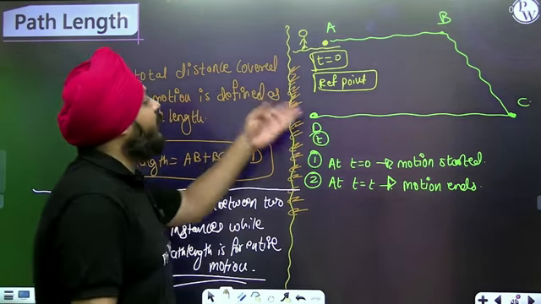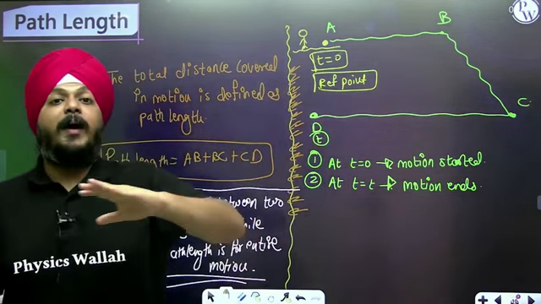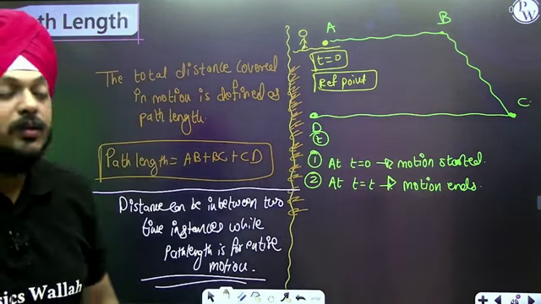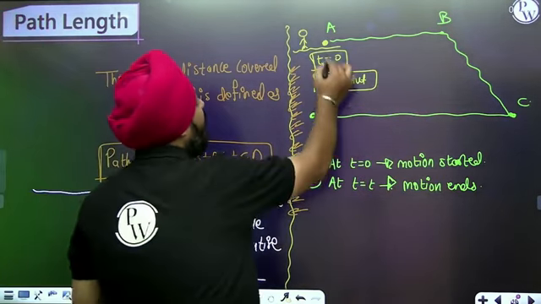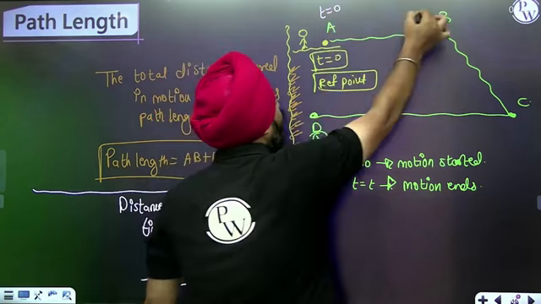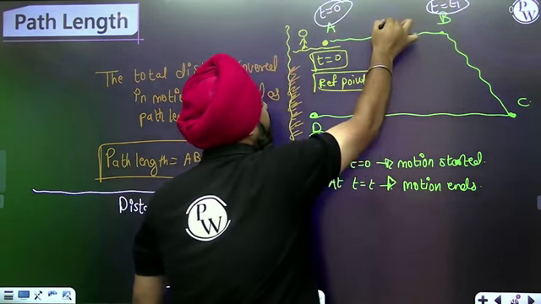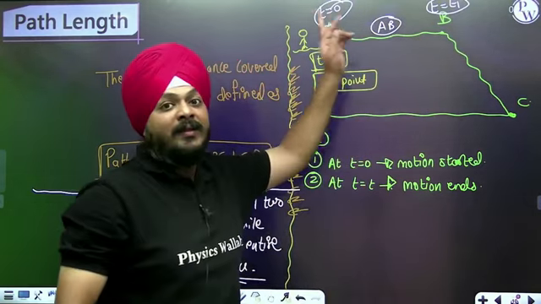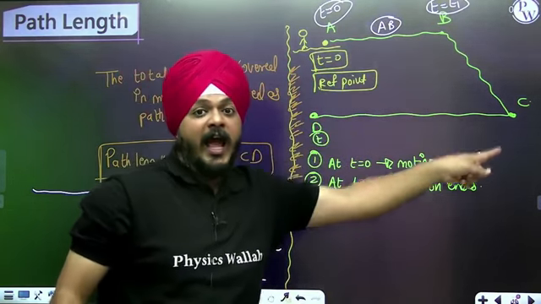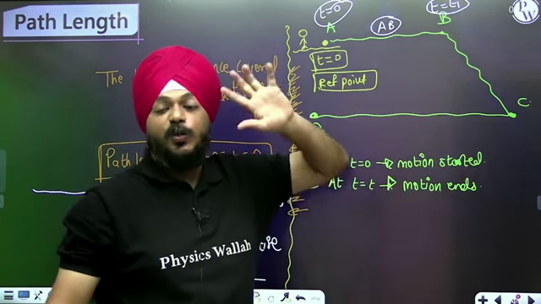Distance is in between the 2 points, while the path length is for the entire motion. What is the distance covered between t is equal to 0 to t is equal to t1, the 2 time instances? I must say the distance is AB. This is not the path length. Path length is the entire distance covered in the journey.